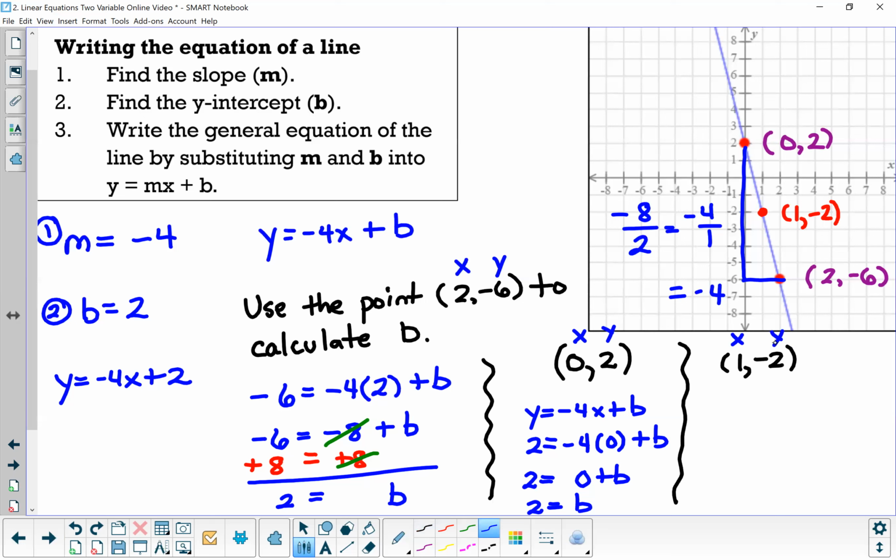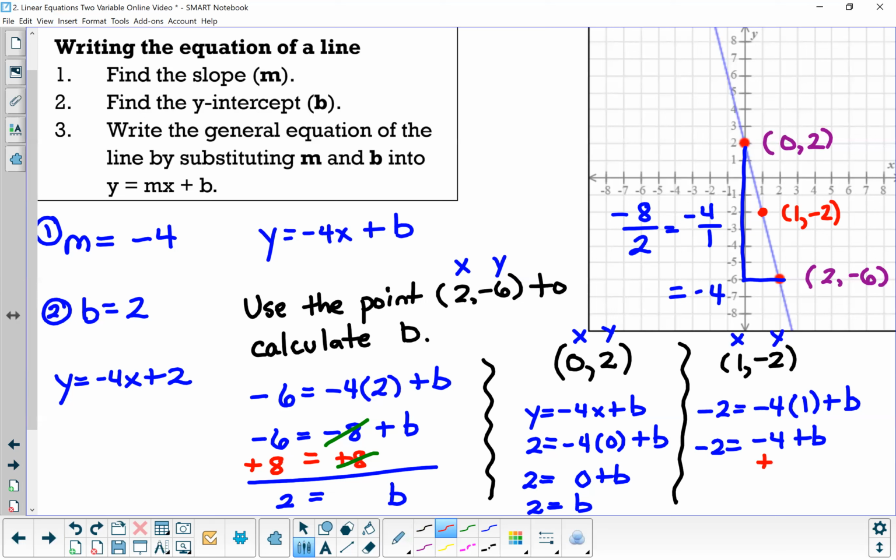So again, for y, I'm putting negative 2 equals negative 4. Notice our slope value is always negative 4. X, I'm putting 1 and then plus b. So I get negative 2 is equal to negative 4 times 1, that's negative 4 plus b.